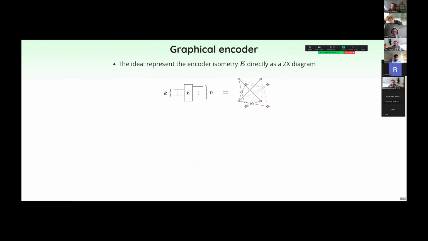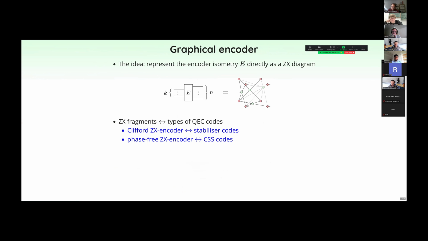Okay, so let me start with this encoder approach. I'll talk the most about it because that's mainly what I've worked in. So the idea is to represent the encoder as an isometry directly as a ZX diagram. And different fragments of ZX correspond to different kinds of quantum error correcting codes.